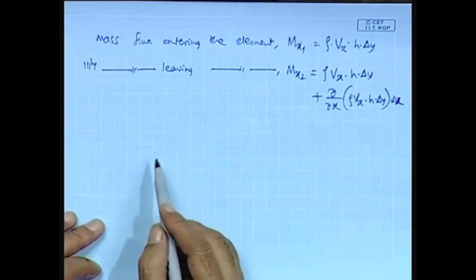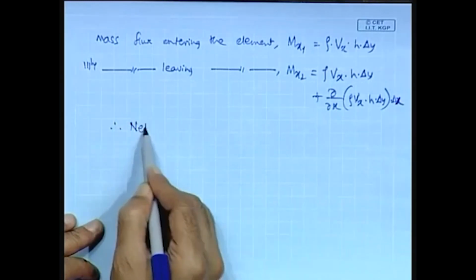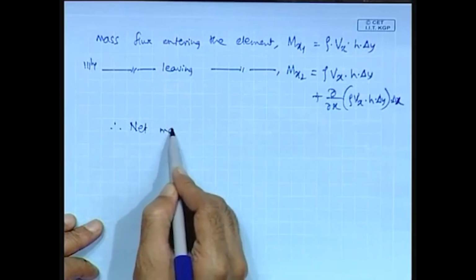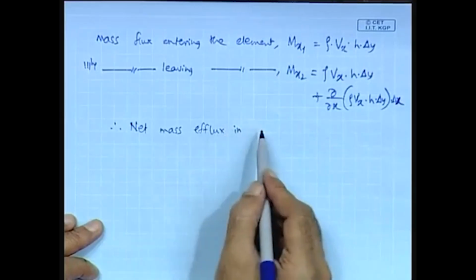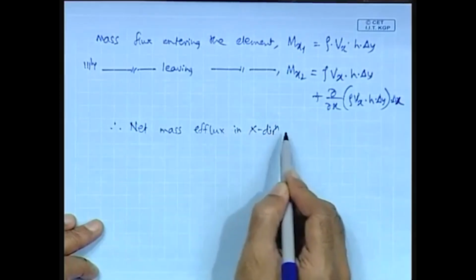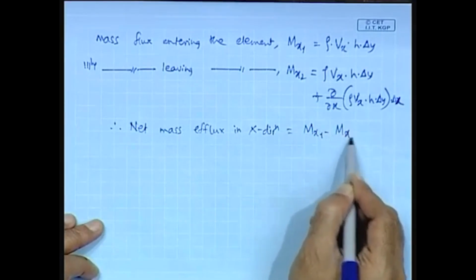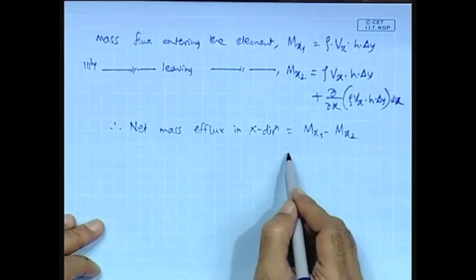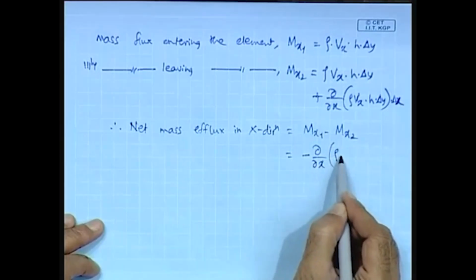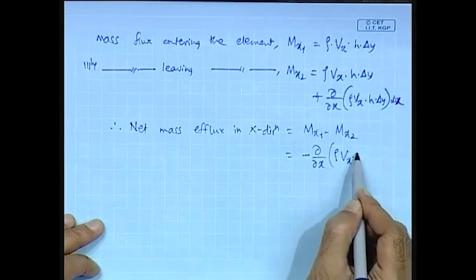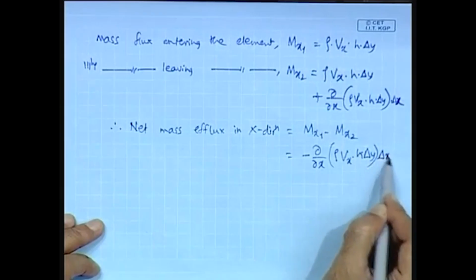Okay. So, therefore, now let us write down the net mass efflux in x direction. So, this is mx1 minus mx2. So, this will be given by minus d by dx of rho Vx h delta y into delta x.